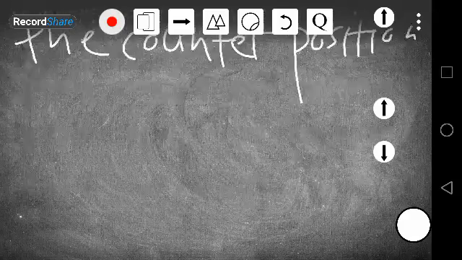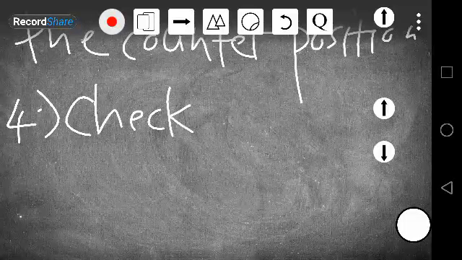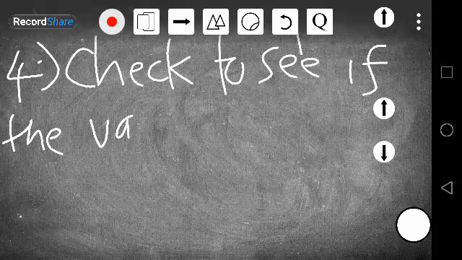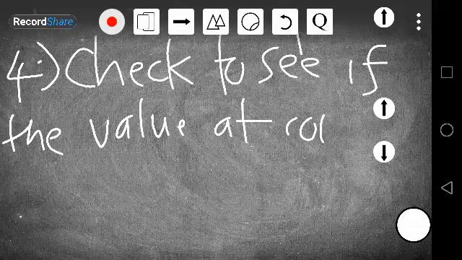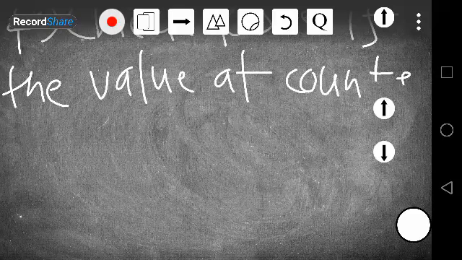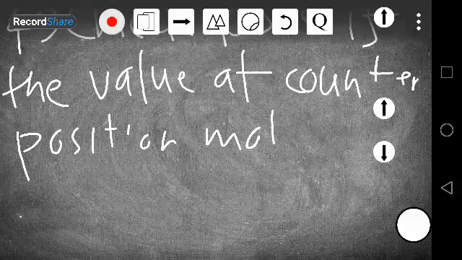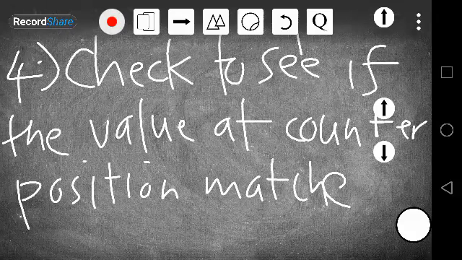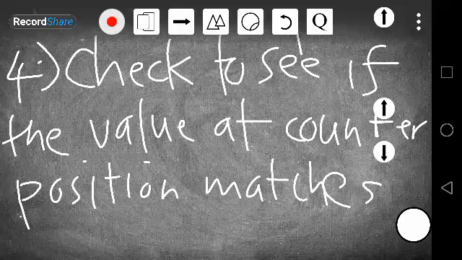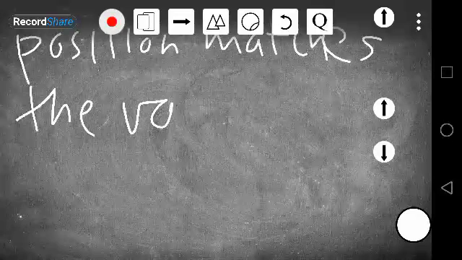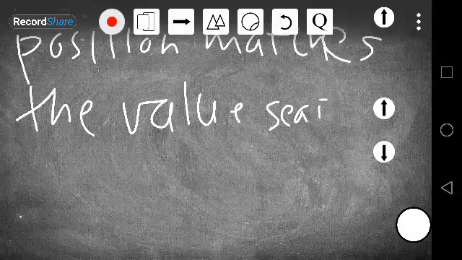Okay, now move to number 4. We check to see if the value at counter position matches the value searched for.